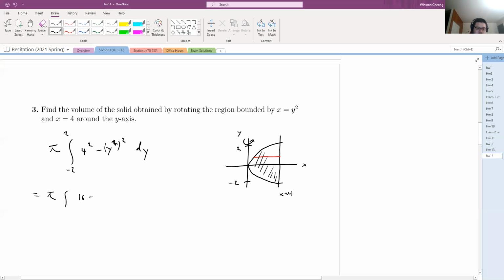First I'll simplify. Now we just compute it. If I'm computing the integral, I don't need to write it again. So 16y minus y to the 5th over 5, evaluated from -2 to 2.